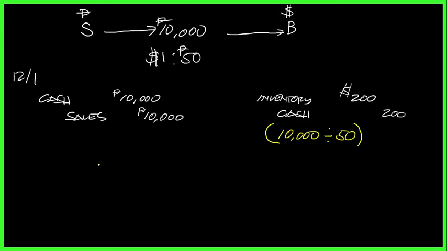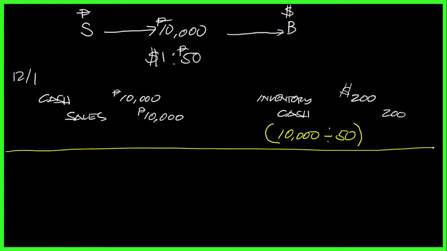Now let's have another example. What if the purchase happened on December 1 and it will be paid on December 30 of the same year? This is now what you call your measurement date, where the gains and losses and the fluctuations in the foreign exchange quotation will be measured.